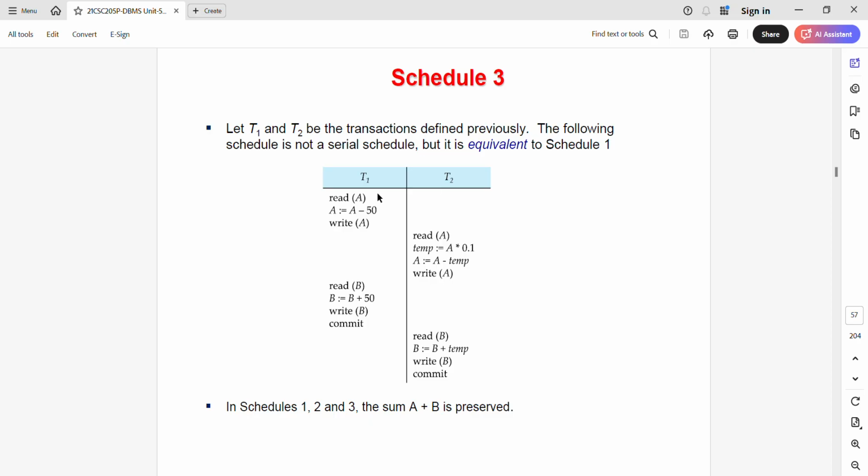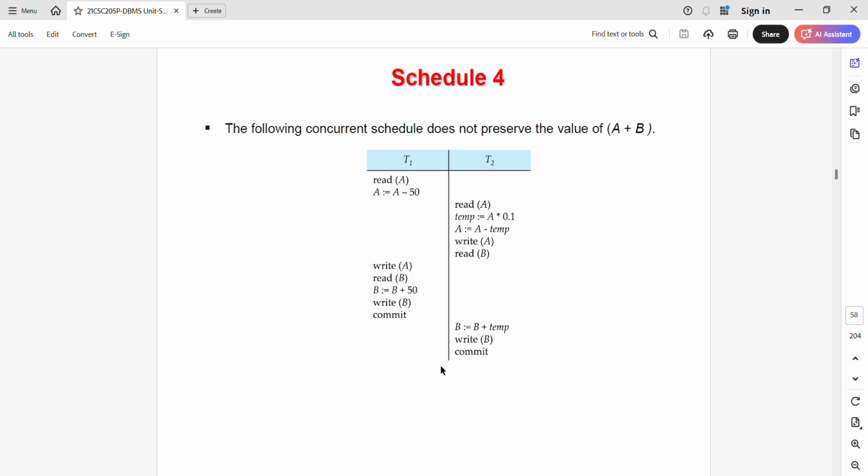Here T1 executes its first 3 statements, followed by T2 executing 4 statements. Again T1 executes 4 statements, and again T2 executes 4 statements. But it is equivalent to schedule number 1. Even though they execute in a different order, it will give the same result. This is schedule number 3.